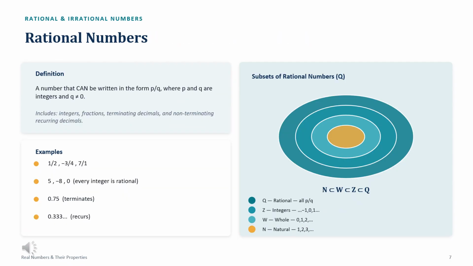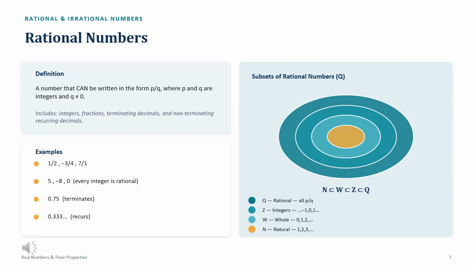A rational number is any number that can be written in the form p over q, where p and q are integers and q is not 0. This includes integers, fractions, terminating decimals, and non-terminating recurring decimals. For example, 1 over 2, negative 3 over 4, and 7 over 1.